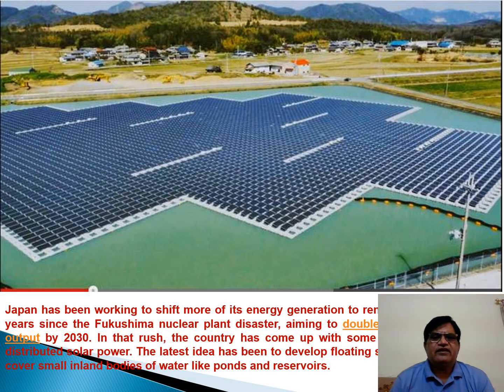This is again an aerial view of the power plant which is situated in Japan. Japan is doing again a wonderful job, and Japan has an aim to double its output by 2030.